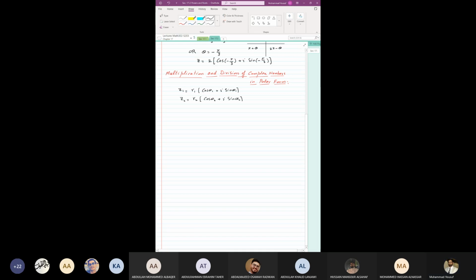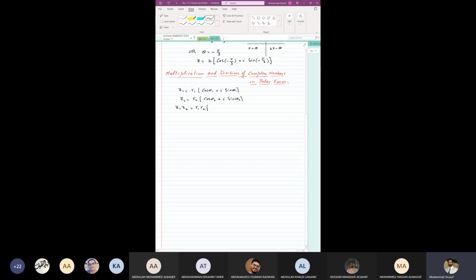Then their product, by the simple multiplication rule, z1 z2 is equal to r1 r2.